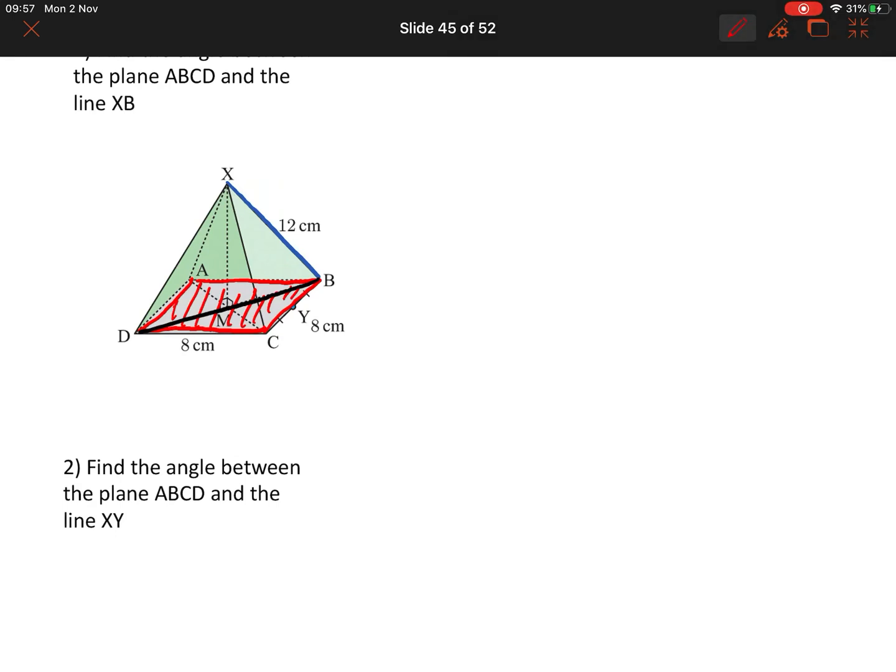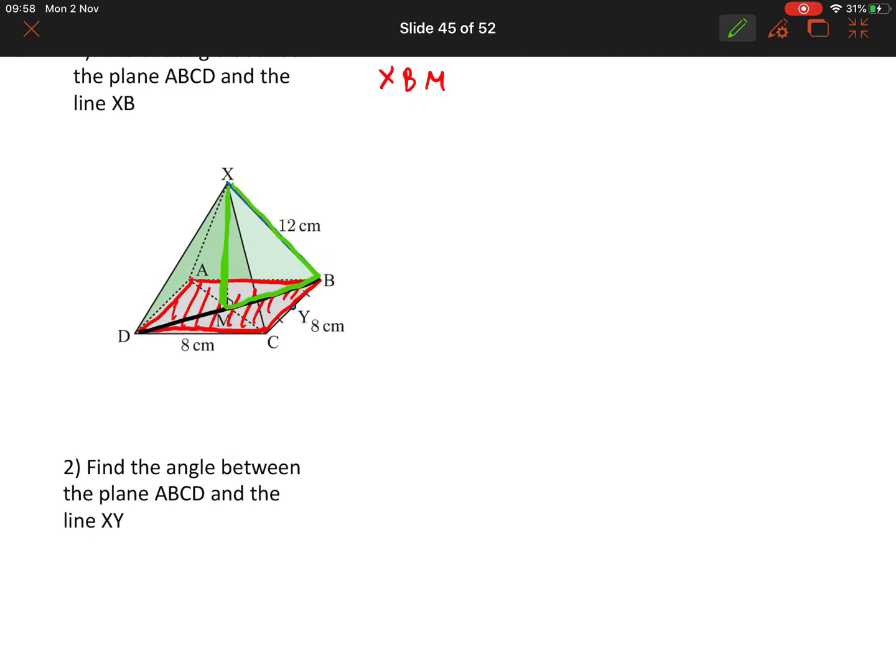It would be here. So the angle we want to know is XBM, because that gives me a right-angled triangle. And that's what we want, a right-angled triangle.